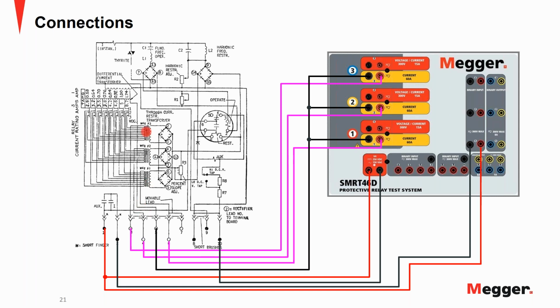Again, I do not have a 3 winding transformer, but if you have a 3 winding relay, you can come in here and use this third channel in the SMRT unit, and then you can still use the first 2 for your winding 1, winding 2. A battery simulator from the top is going to come down and connect to give us power for the relay and for the trips. And then we also have our binary input, which I have selected 1. You can use any one of the 10 binary inputs that are available on the unit itself.